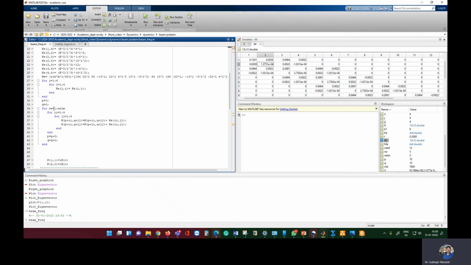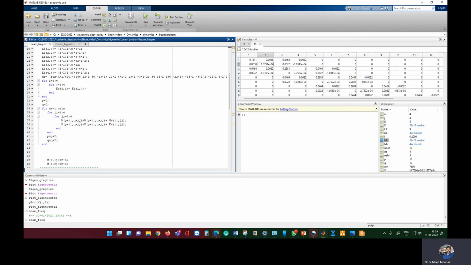Similarly, once we finish this one, P becomes 2 and Q also becomes 2. So when we consider the second element, P is 2 and Q is 2. Now P plus II, that is 1, will be 3, and Q also 3.